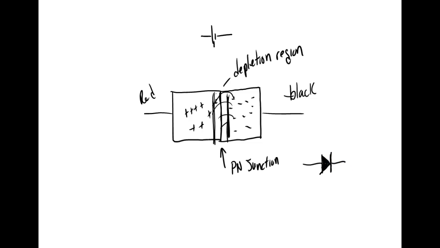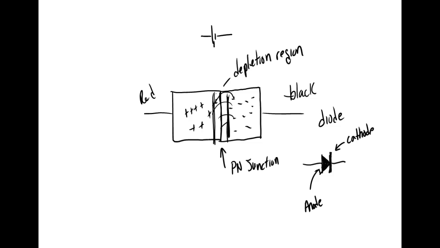This is the symbol for a device called a diode. So in schematics, this is how we would represent this device. This bar right here is called the cathode, and the arrowhead is referred to as the anode.